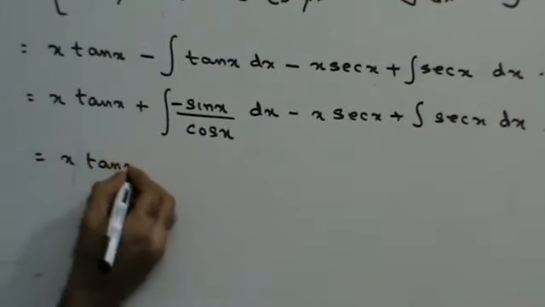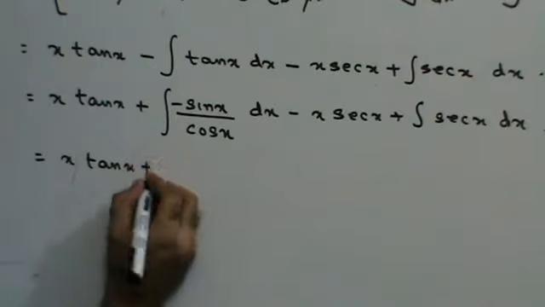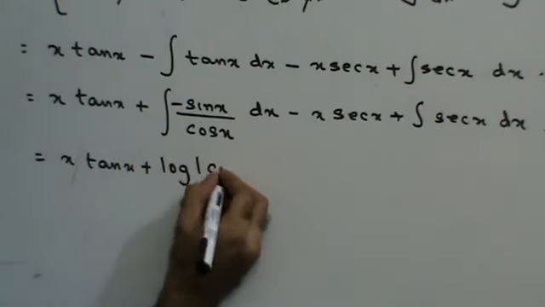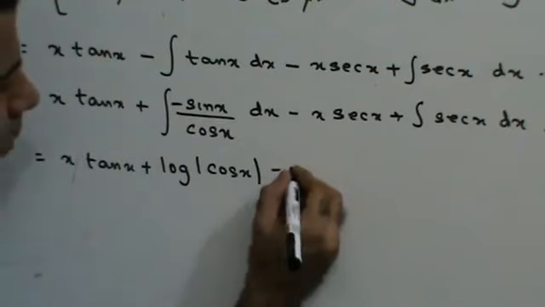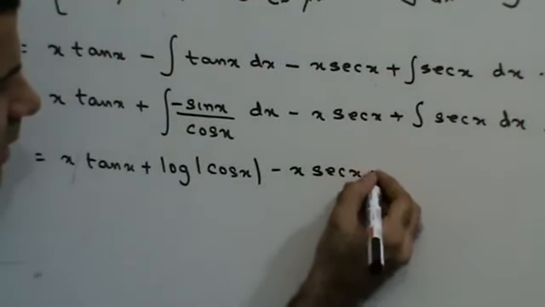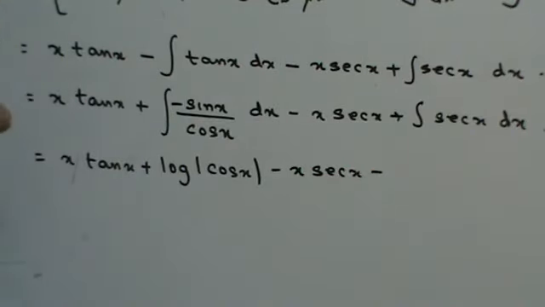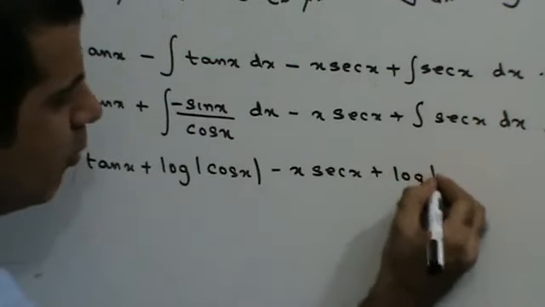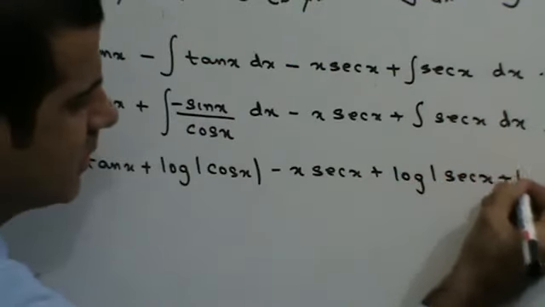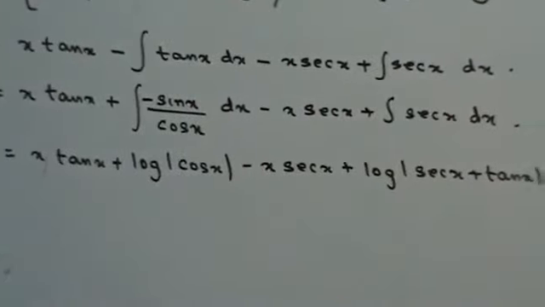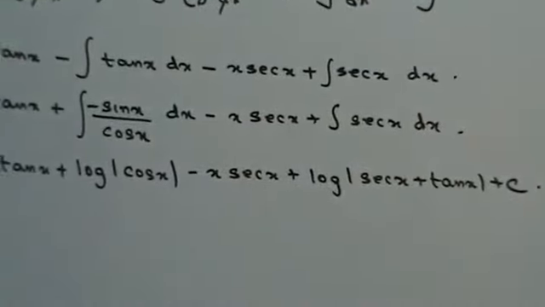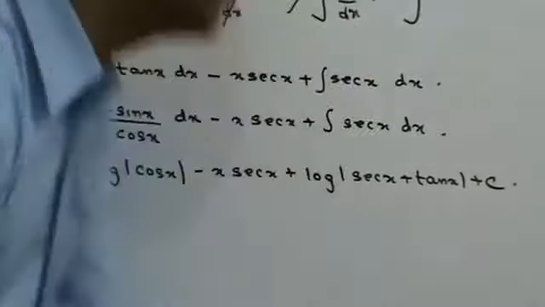So x tan x plus log mod cos x, using the formula integral of f dash of x upon f of x is log of f of x, minus x sec x. Integral of sec x is log mod sec x plus tan x plus c, right? So that will be your answer. Let's move on to the next one, guys.